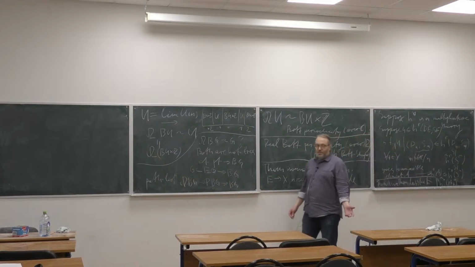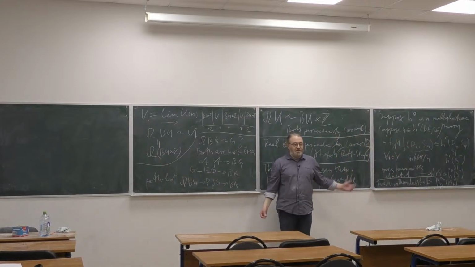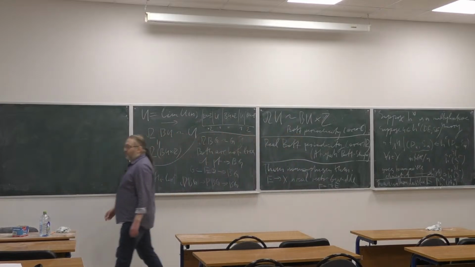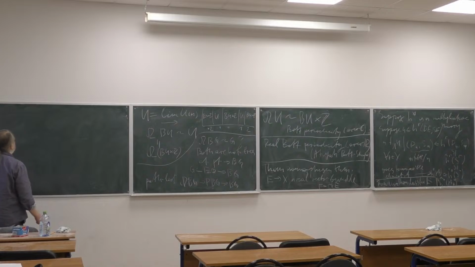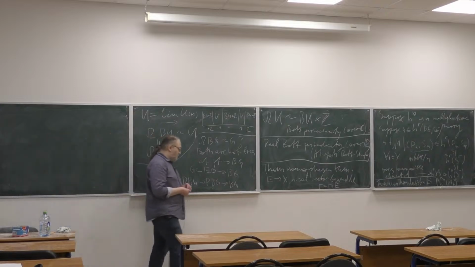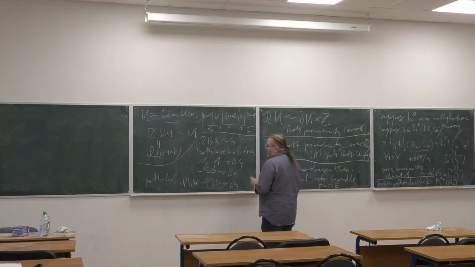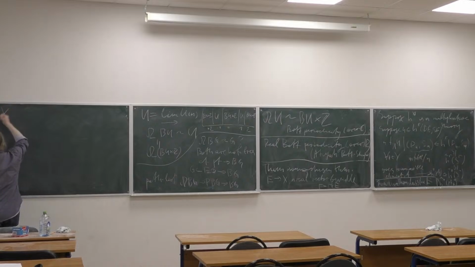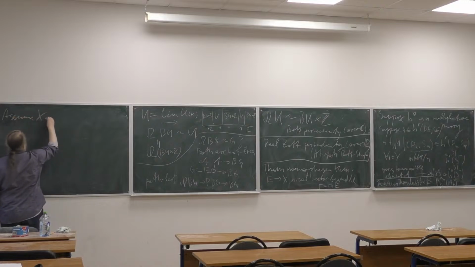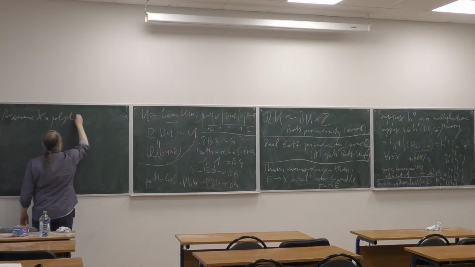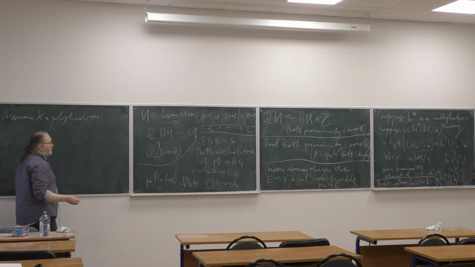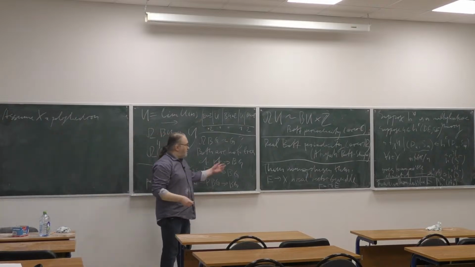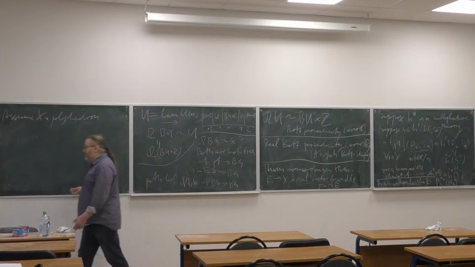By the way, does everyone understand what the theorem says? Again, to simplify, let's assume that X is a polyhedron, although there's a CW proof which is more or less the same.